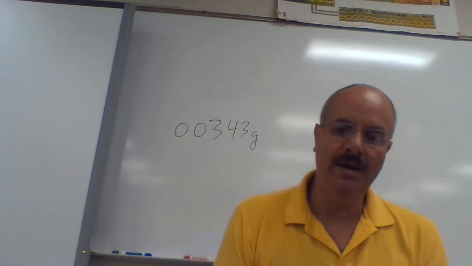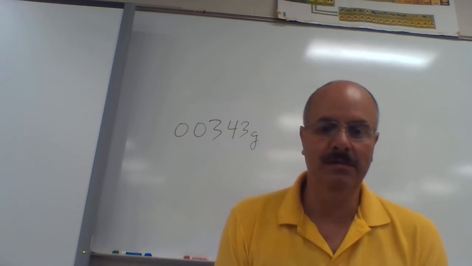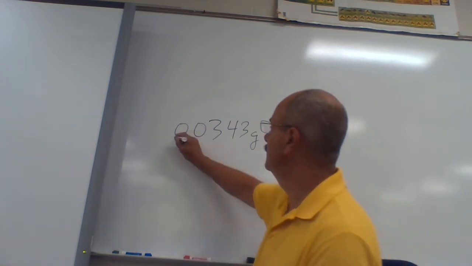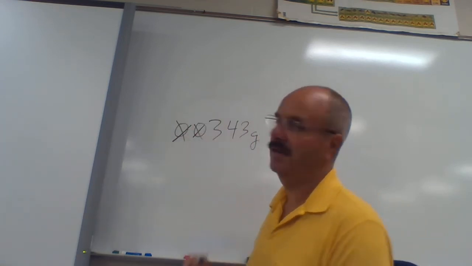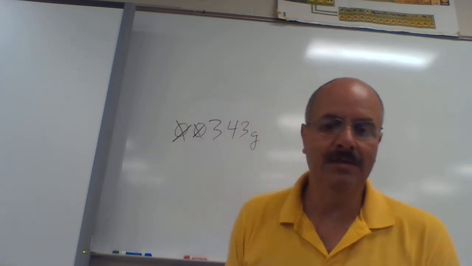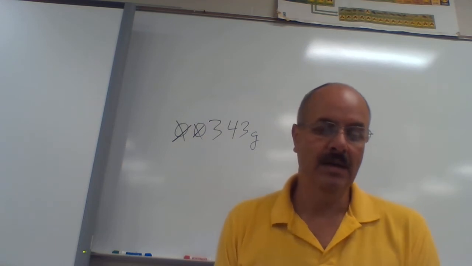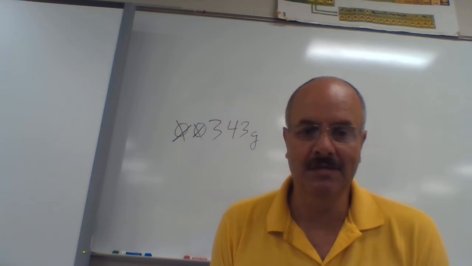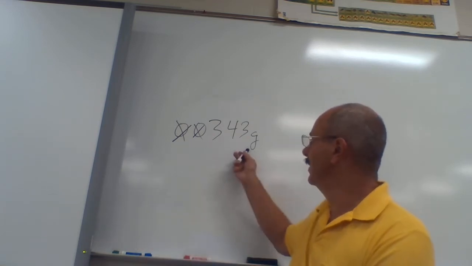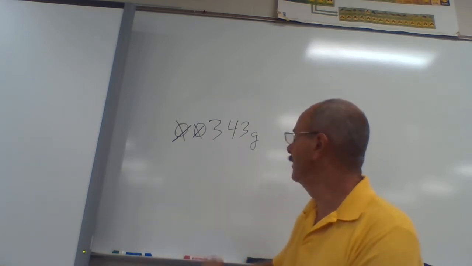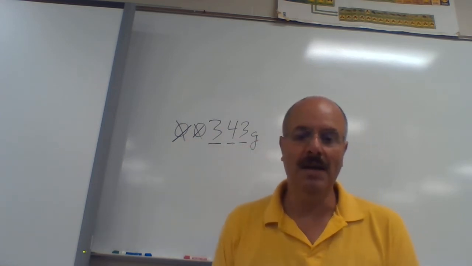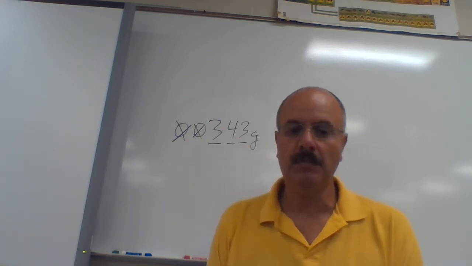Don't bother, it's still 343. And I would agree with him. These 2 zeros are not significant because they are out in front of the number. That's what rule C says: zeros in front of non-zeros are not significant. So this measurement has 3 significant figures. The zeros are not significant.